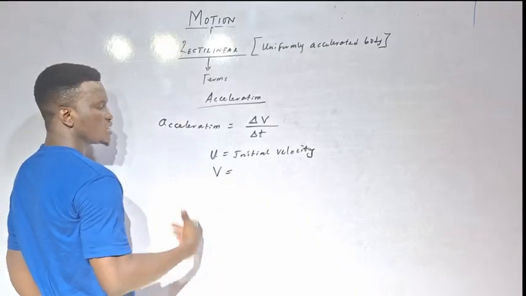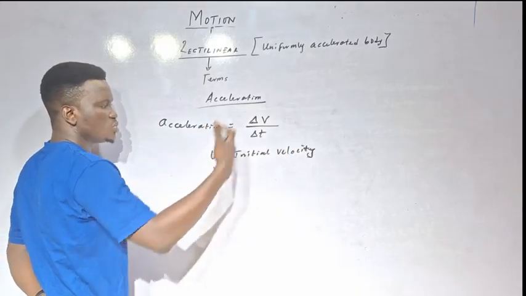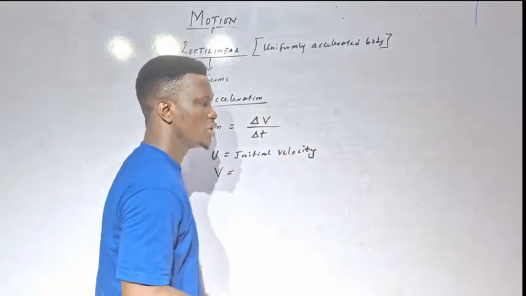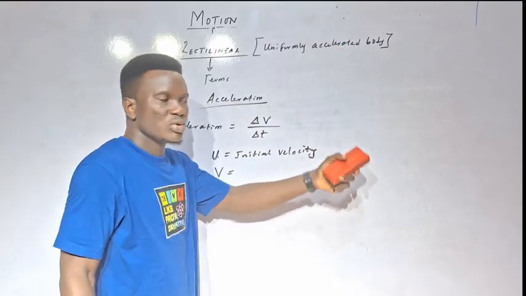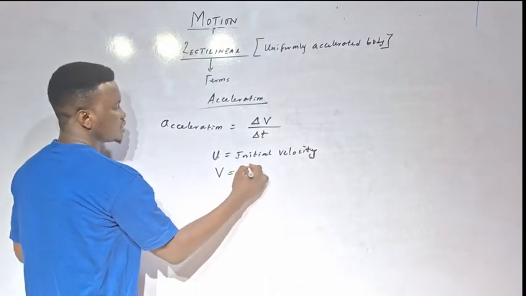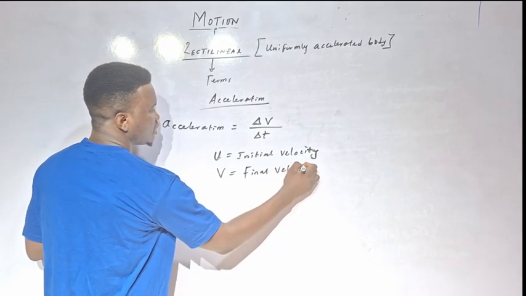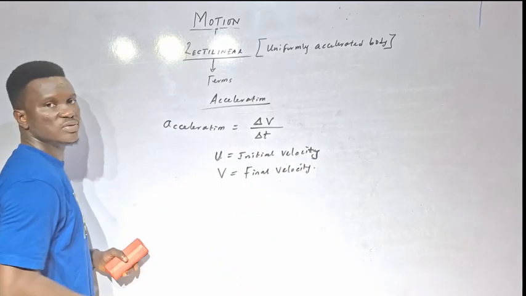If a body attains another velocity, a new speed that it is moving at, say I was moving at 20 meters per second before, then I change it to 40, that is called the final velocity. The new velocity I'm moving with is called my final velocity. I will usually represent it with v.